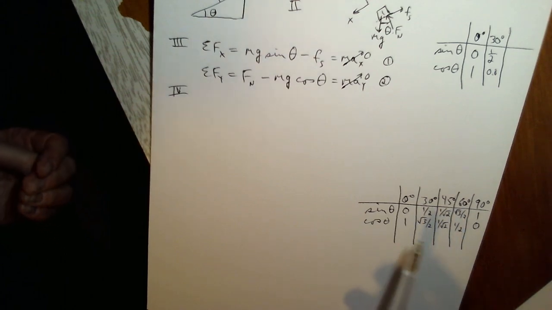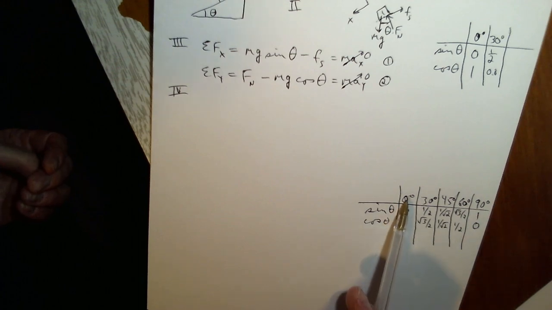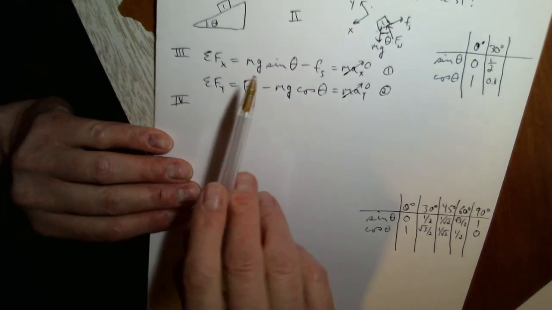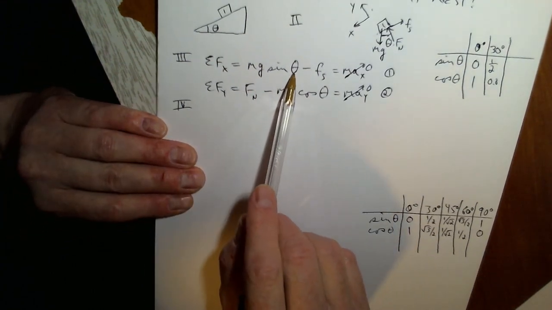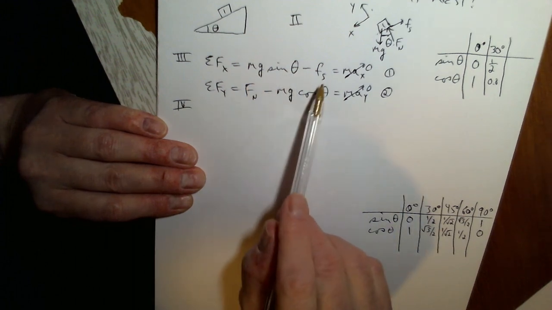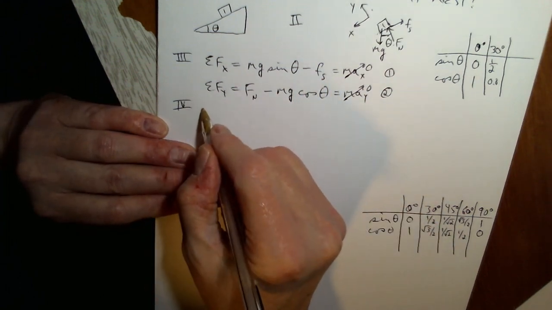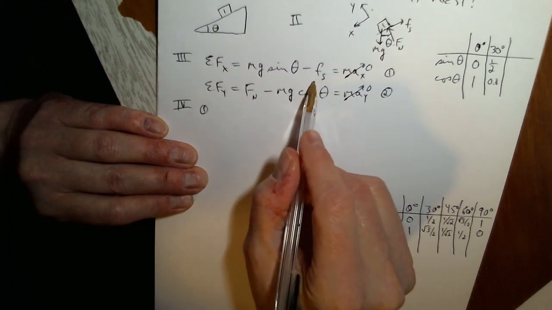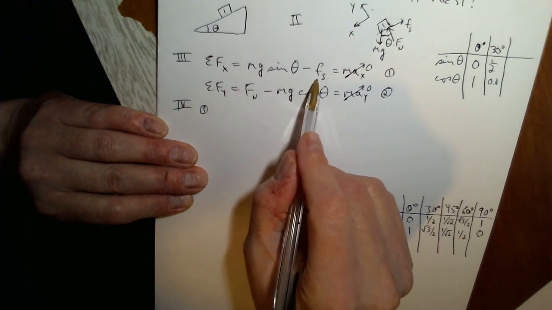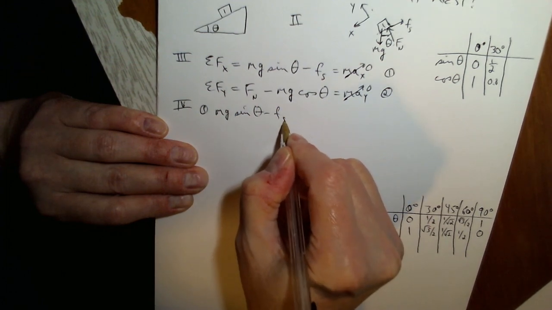So I'm using that fact here that sine theta increases with angle from 0 to 1 as the angle goes from 0 to 90 degrees. And so coming back to what I was saying, as theta increases, because I want the maximum theta, sine theta is going to increase. m and g don't change. So the static friction is going to increase. Because if I solve equation 1 for static friction, I start with mg sine theta minus Fs is equal to 0.